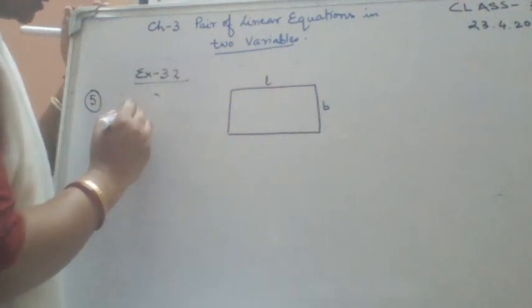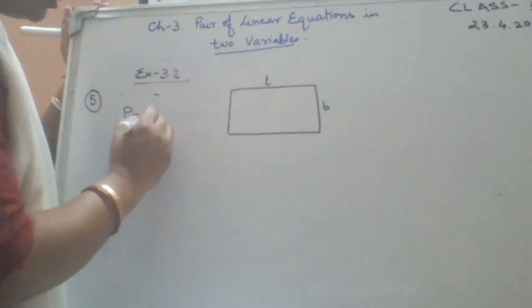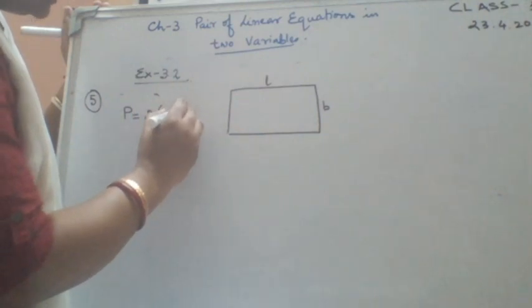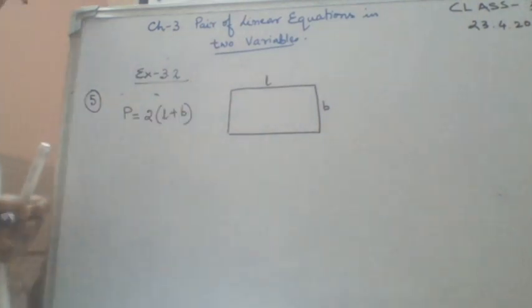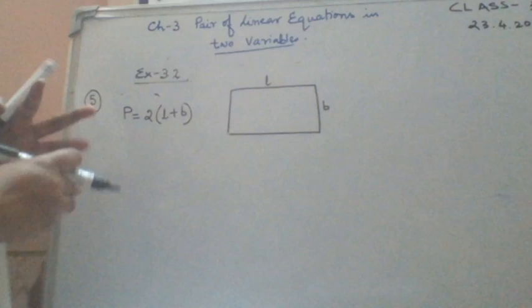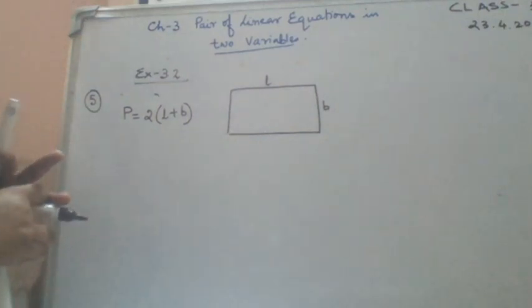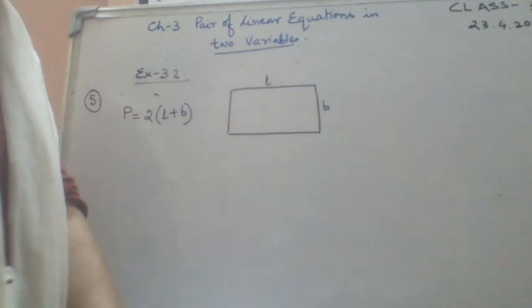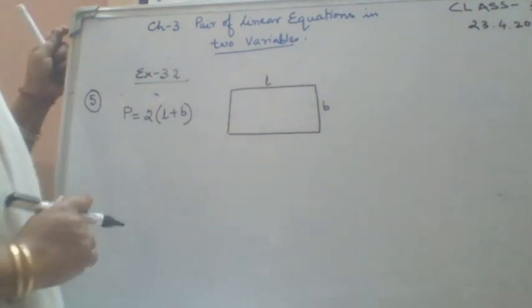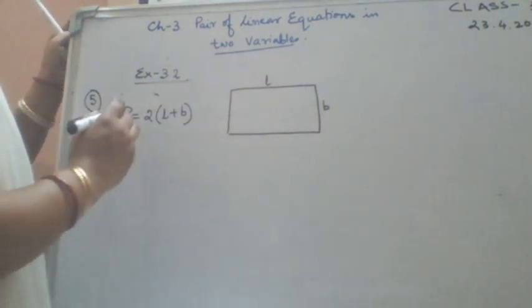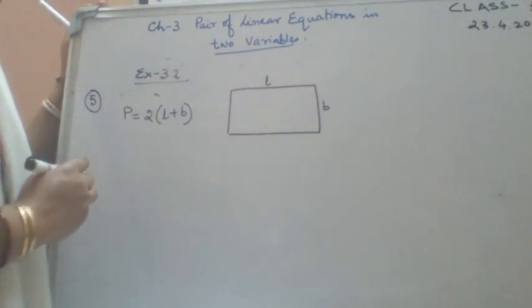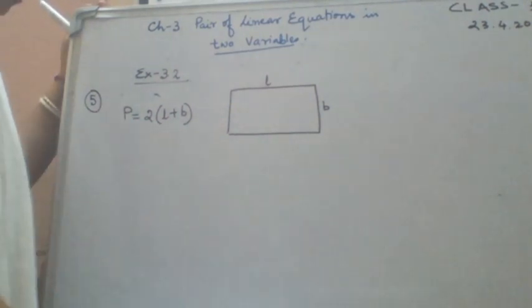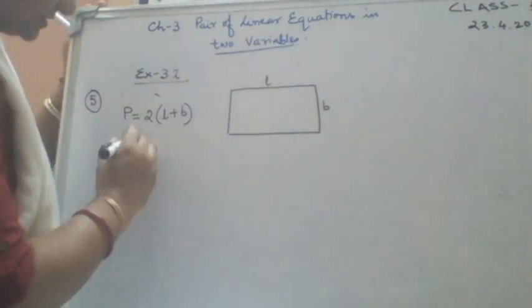We know perimeter of a rectangle is 2 into L plus B. This is your perimeter. So half the perimeter of a rectangular garden whose length is 4 meter more than the breadth is 36 meter. So we don't know the perimeter, but half the perimeter is given to you as 36.